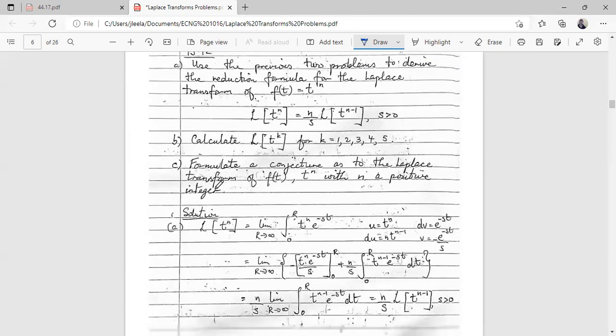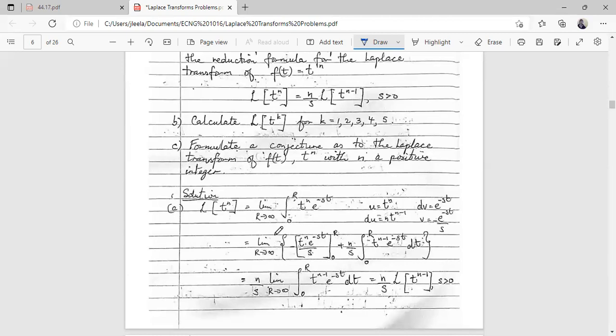So let's look at the first one here. Remember, by definition, this is the limit as r tends to infinity of the integral between 0 and r. Replace the function by t^n and e^(-st).